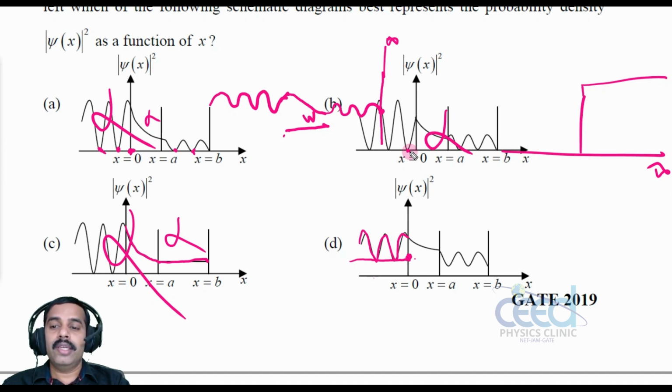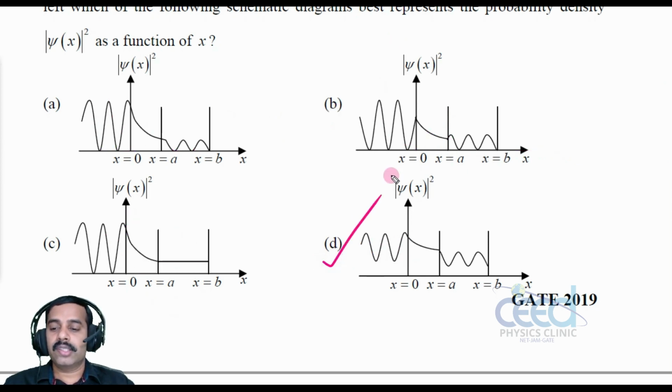Quantum mechanically we have some probability of finding the particle. In space the probability may vary, very high in some places and very low in others, but we have some probability of finding the particle at any allowed region. So this is the best graph. Option D is the best graph representing this condition.